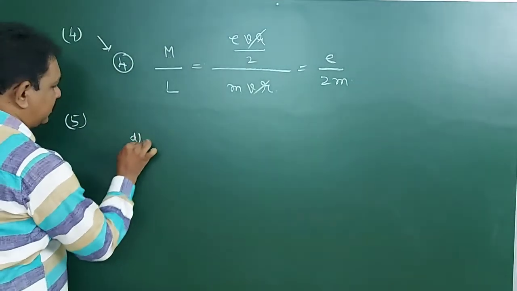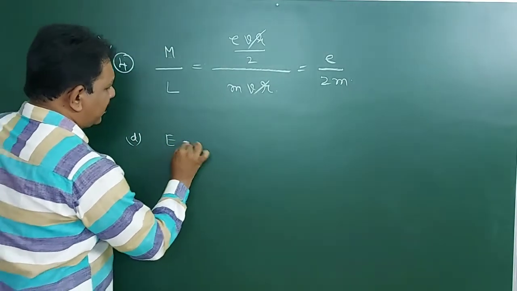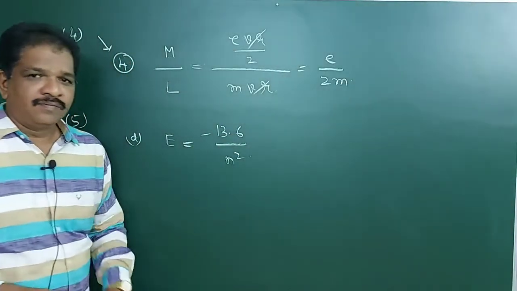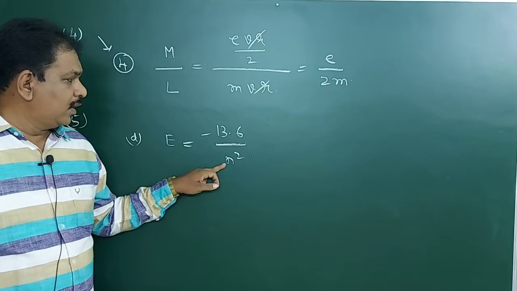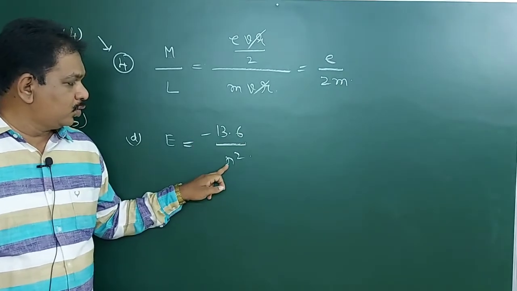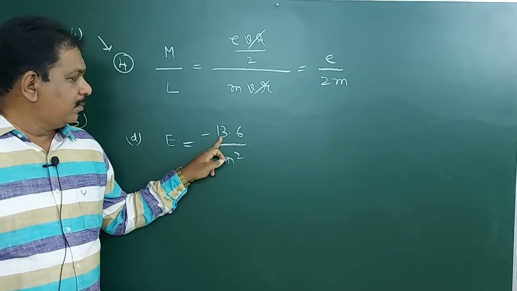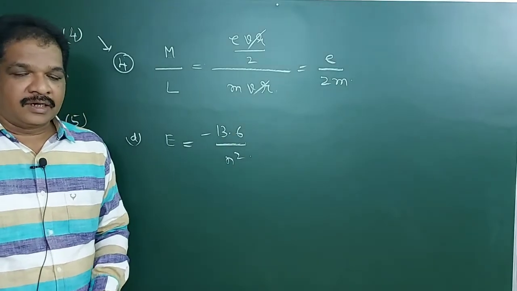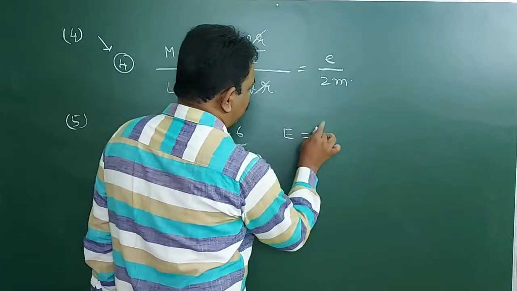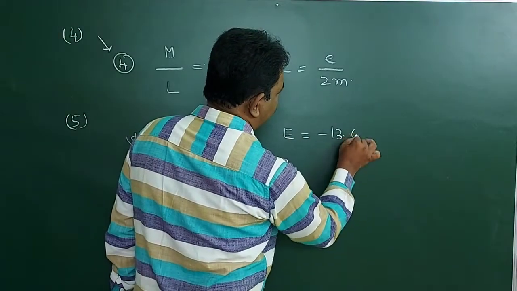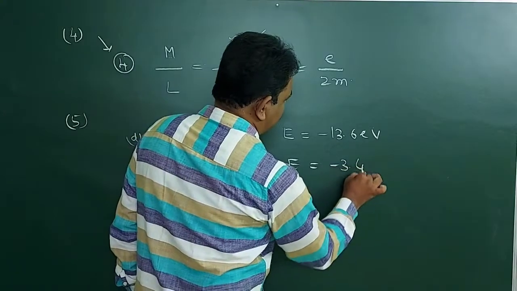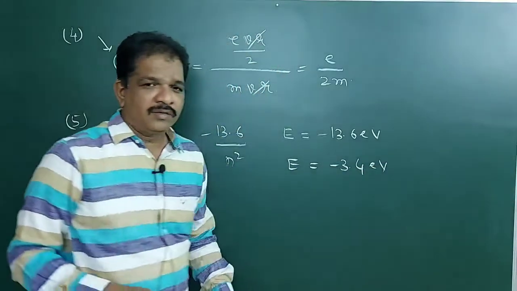E is equal to minus 13.6 by n square. n is equal to 1 you take, this is minus 13.6. n is equal to 2 you take, that will be minus 3.4 electron volt.